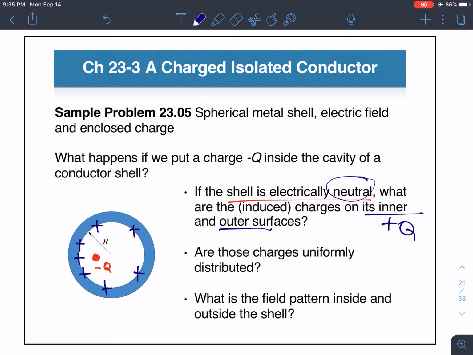So they are just going to move to the outer surface. Because they move from the inner to the outer radius, they are going to create holes in the inner surface, and we will call them positive charges, right? And the amount is the same as the charge we put in the cavity. So it's going to be positive Q.